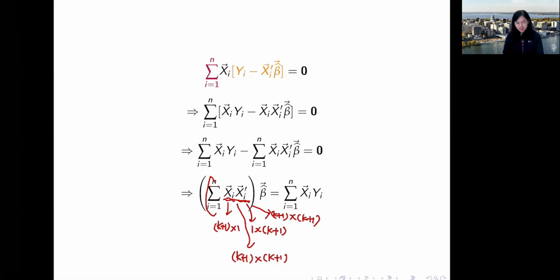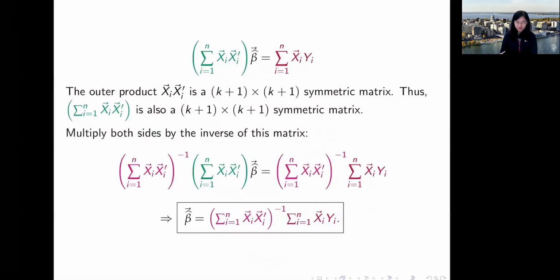If we assume that this square matrix is invertible, then we can multiply the inverse of that matrix on both sides of the equation. The equation should still hold. That's exactly what we do here. We multiply the inverse of that matrix on both sides of the equation, so the equation still holds.